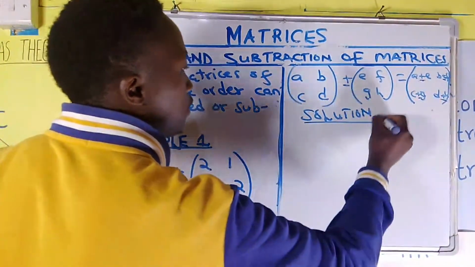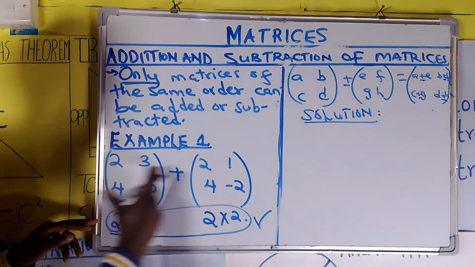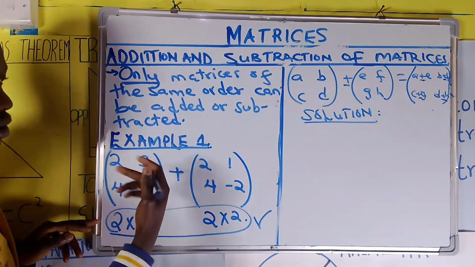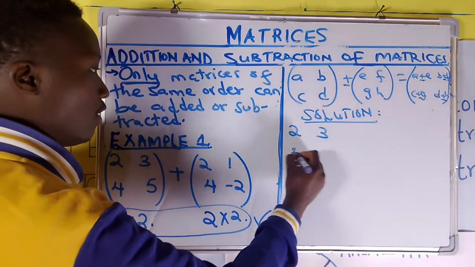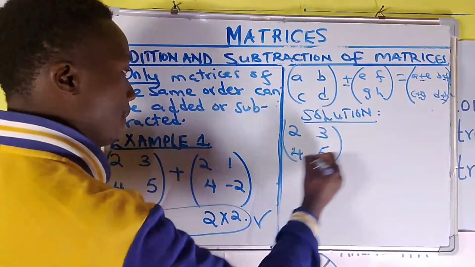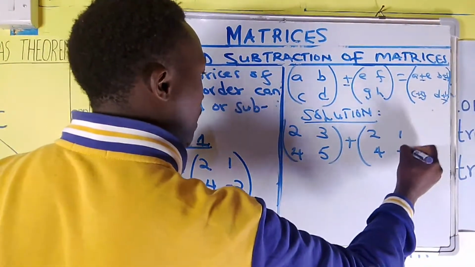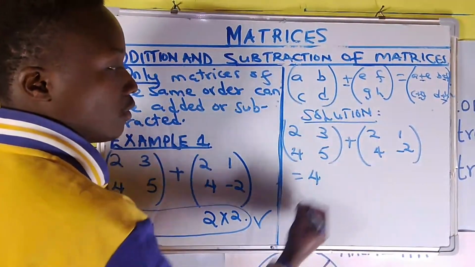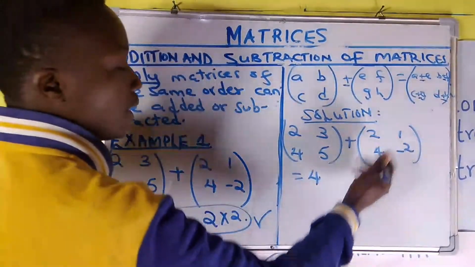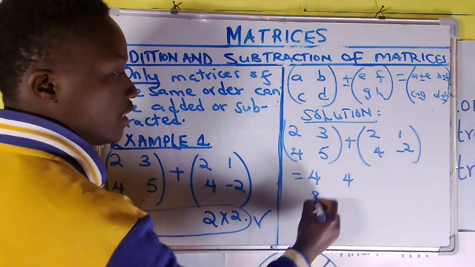Let's work out our solution there. 2 plus 2 is going to be equal to 4. So it is 2, 3, 4, 5 plus 2, 1, 4, negative 2. So 2 plus 2 is 4. 3 plus 1 is 4. 4 plus 4 is 8.